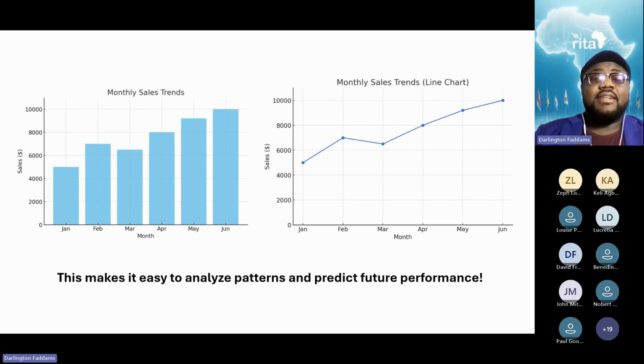With this particular trend, there is nothing wrong using the column chart for this trend. It clearly explains the data, makes it easy to analyze the patterns, and predict future performance.